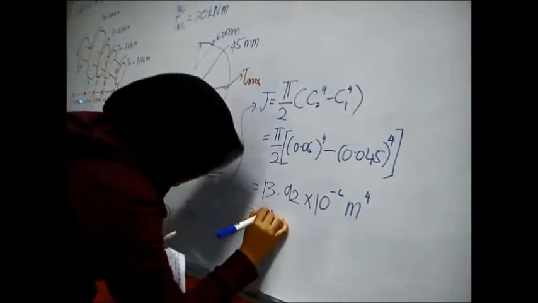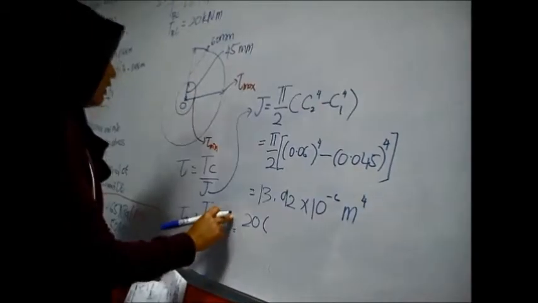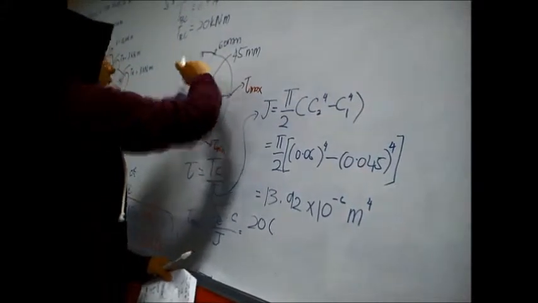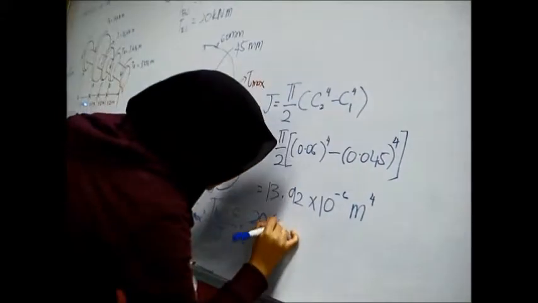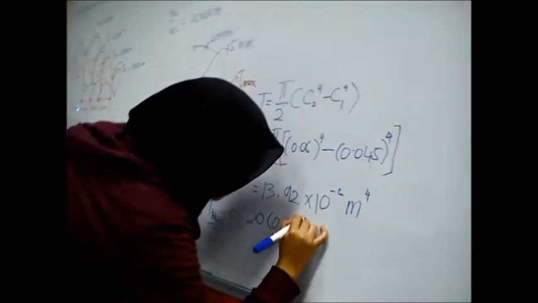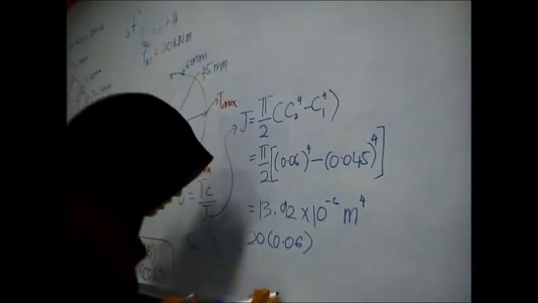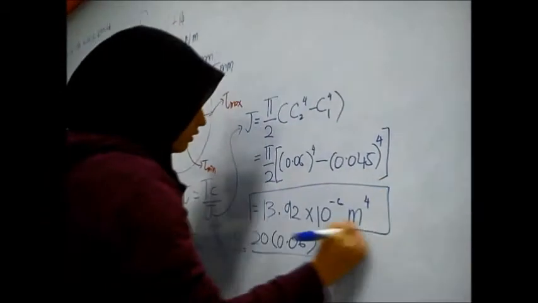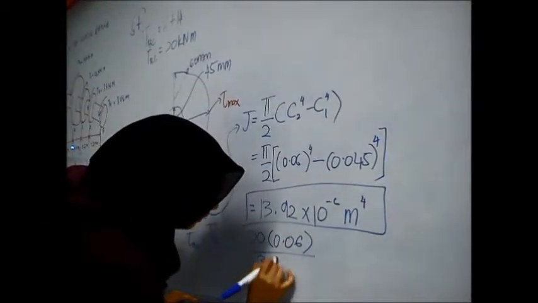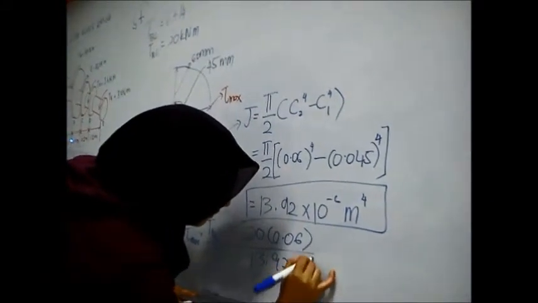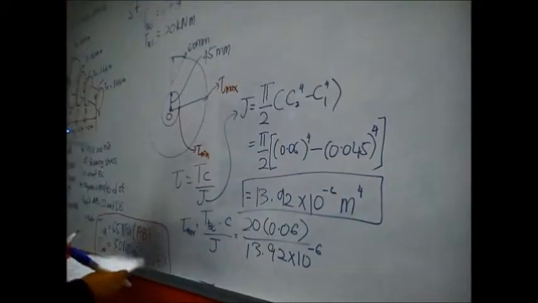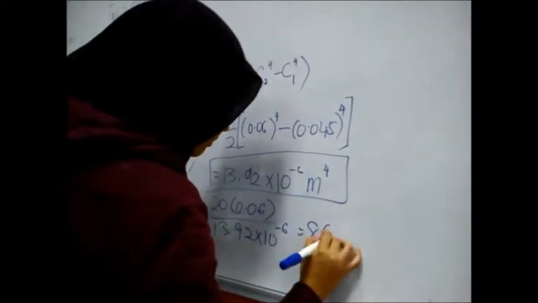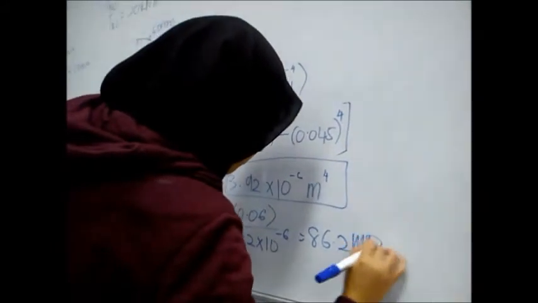So 20 times 10 to the 3, and c is the radius of the outer diameter, so it will be 0.06. Then divide by J, which we calculated over here, which is 13.92 times 10 to the -6. Then we will get 86.2 megapascal.